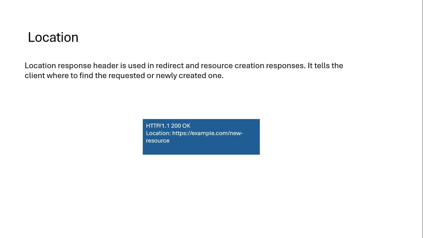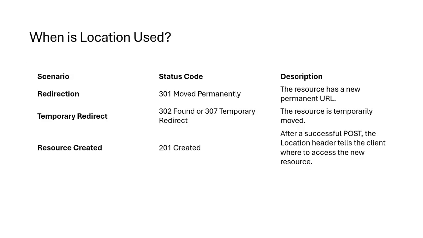Next, location. The location response header is used in redirect and resource creation responses. It basically tells the client where to find the requested resource or the newly created one. These are the scenarios when the location header is used. For example, if the resource has moved permanently, with a 301, then the location header can indicate the permanent URL.